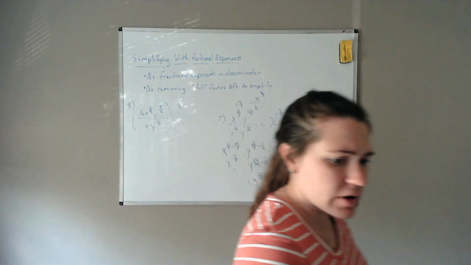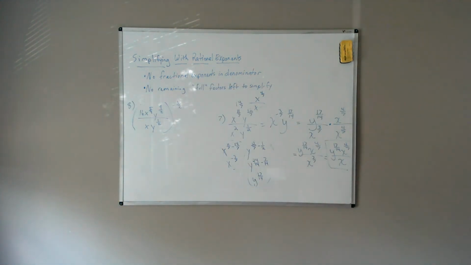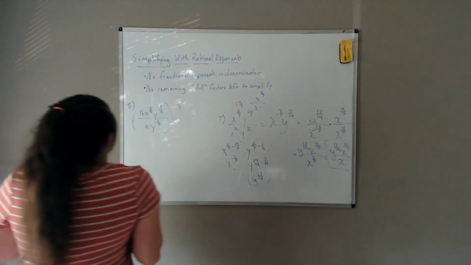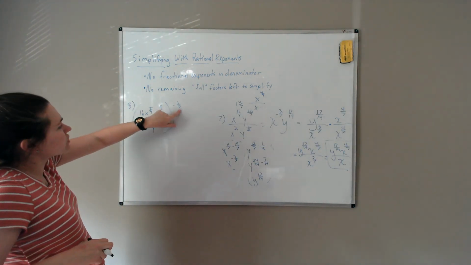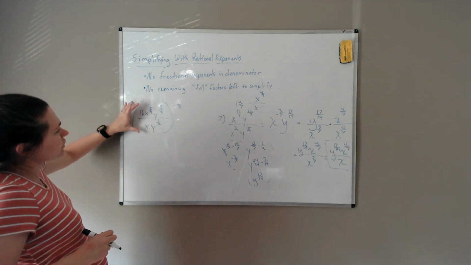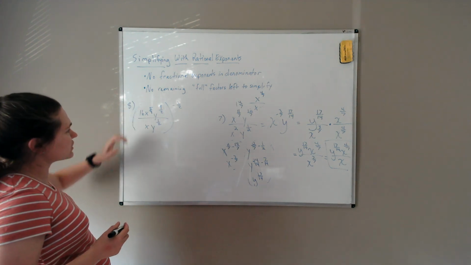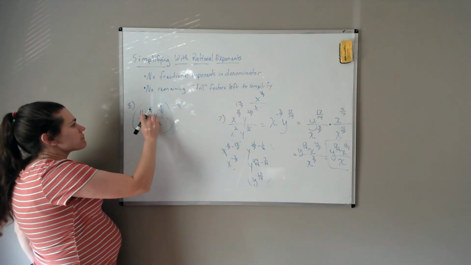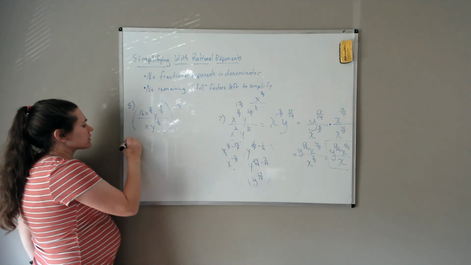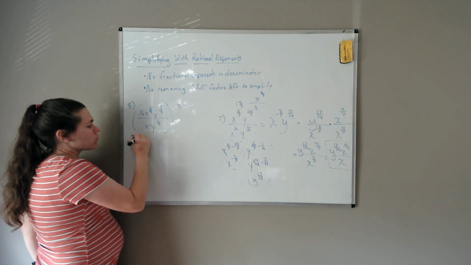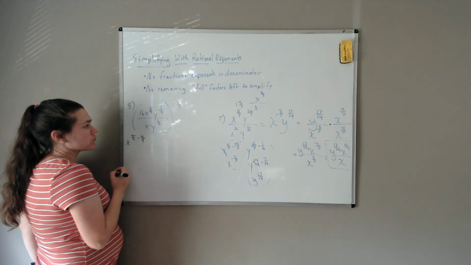Okay, so let's write that down. I'm going to change my marker, running out of ink. Okay, so we have a product over a product raised to an exponent. So we know the first thing we should do is simplify what's inside. So I have x to the 5/4 over x, so that's going to be x to the 5/4 minus 1, which would be x to the 5/4 minus 4/4.